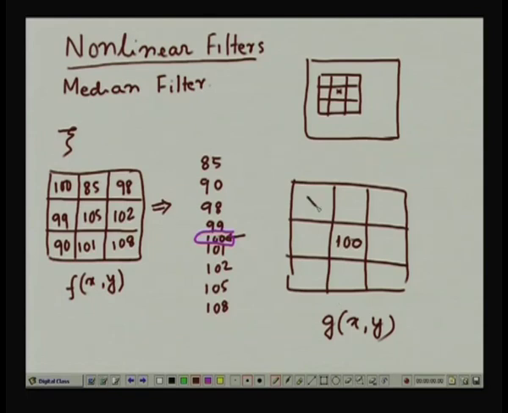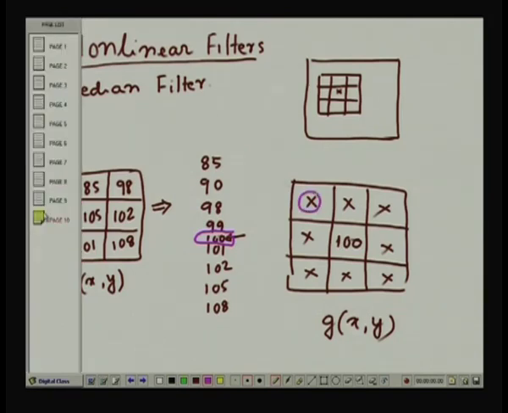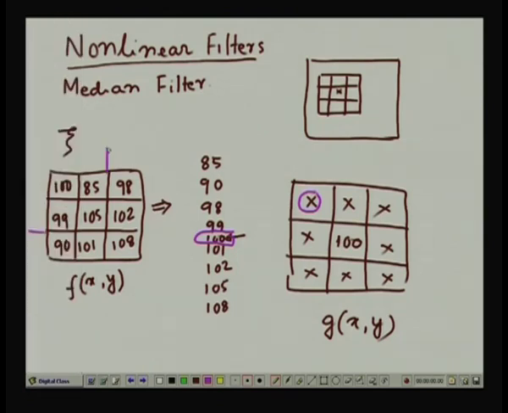Of course, the intensities in other pixel locations will be decided by the median value of the neighborhood of the corresponding pixels. That is, if I want to find out what will be the pixel value at this location, then the neighborhood that I have to consider will be this particular neighborhood.